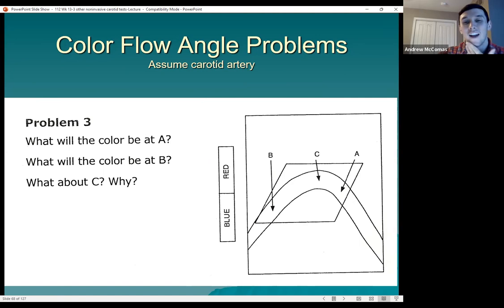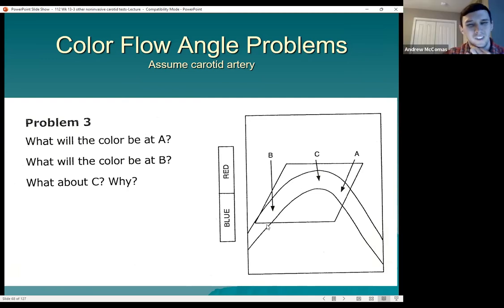So are A and C blue and then B red when it goes over that little curve? We're assuming this is carotid artery, so blood flow's coming up this way. These are coming towards us, so this is a positive shift. So these would be red. And once it goes around that turn, this is gonna be blue now.